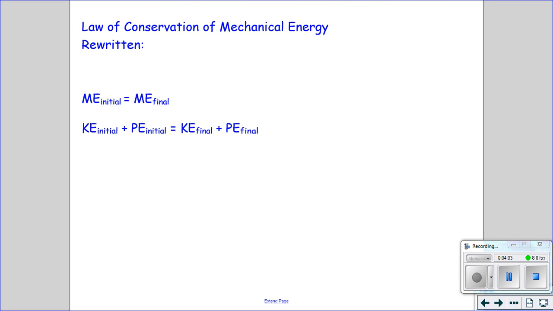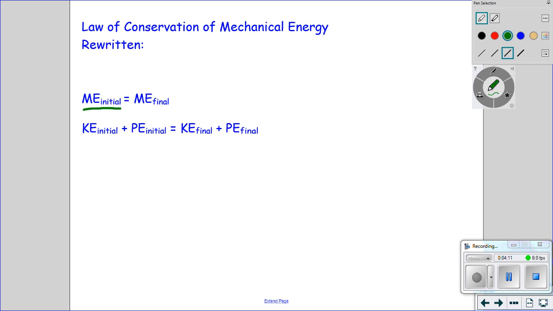Again, obeying the law of conservation of mechanical energy, we know that the initial amount of mechanical energy in the system has to be equal to the final amount of mechanical energy available to the system.